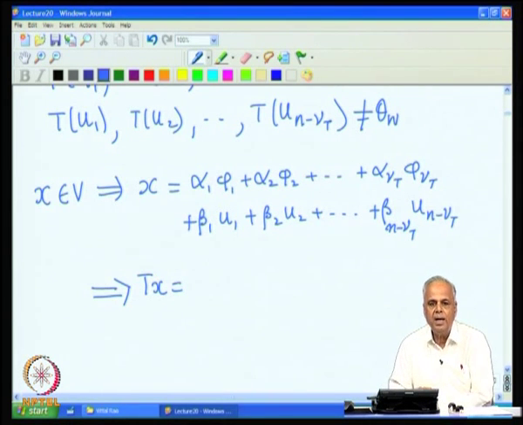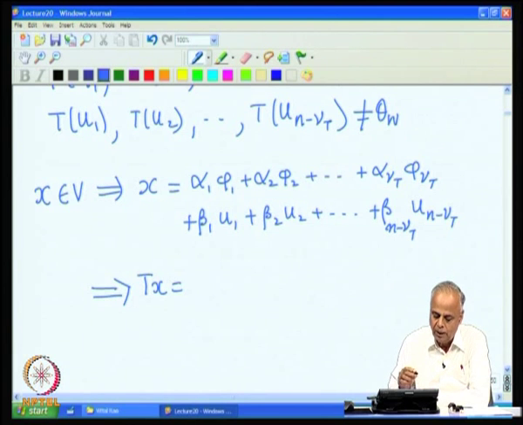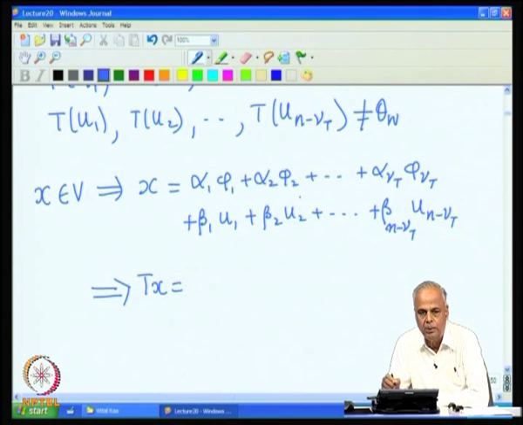Now, the right hand side is a sum, and linear transformations preserve addition and scalar multiplication. In particular, they preserve addition. Therefore, T of x plus y is T of x plus T of y. Therefore, T of a sum is the sum of the T's. So, we can take T of individual terms.